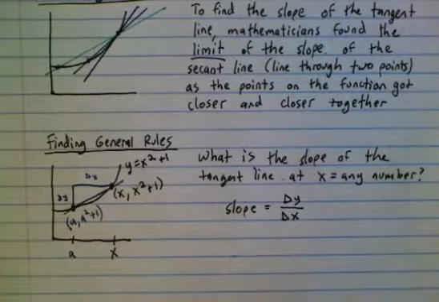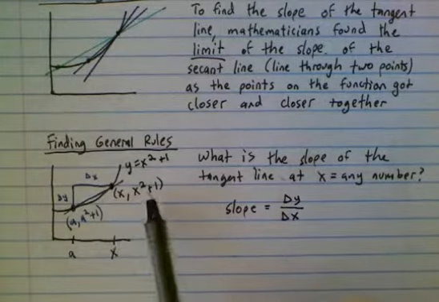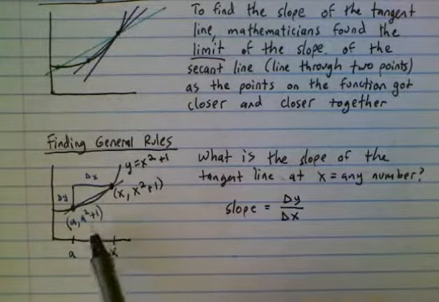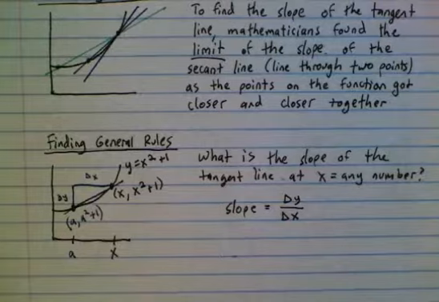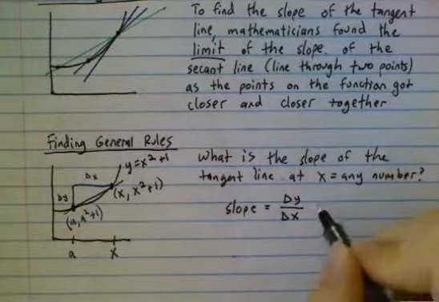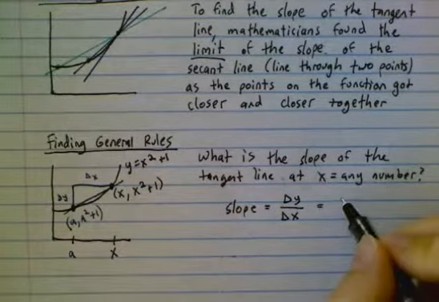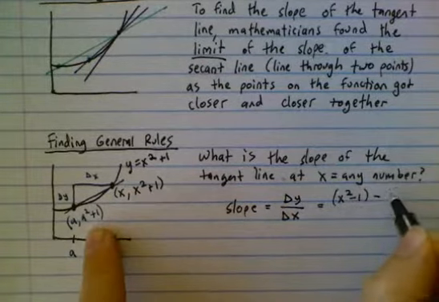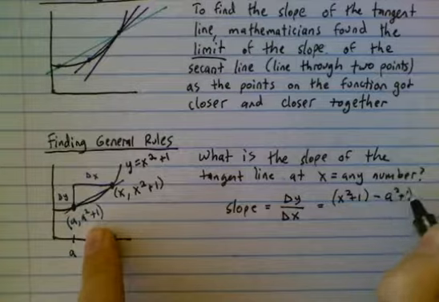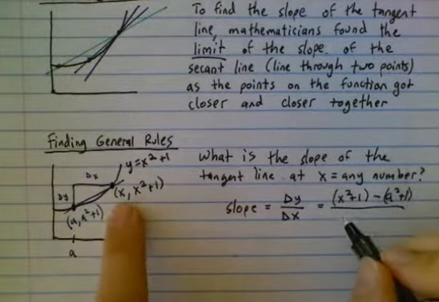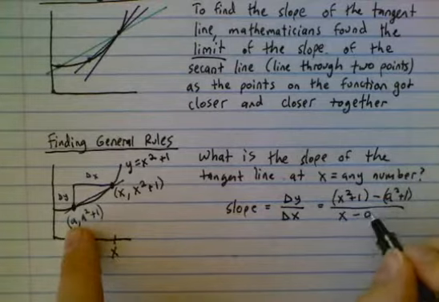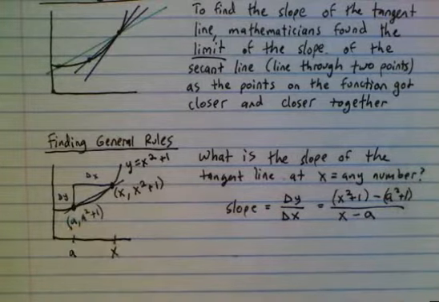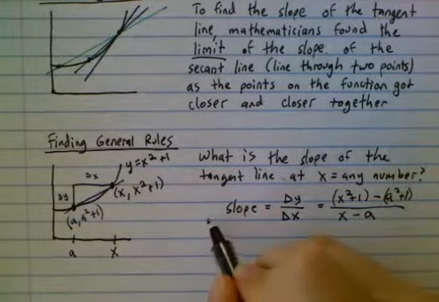And in this case, we find the change in y by simply subtracting this number, subtract that number. So that's x squared plus 1 minus a squared plus 1. And then the change in x is this x value minus that x value. So this is the slope of the secant line.